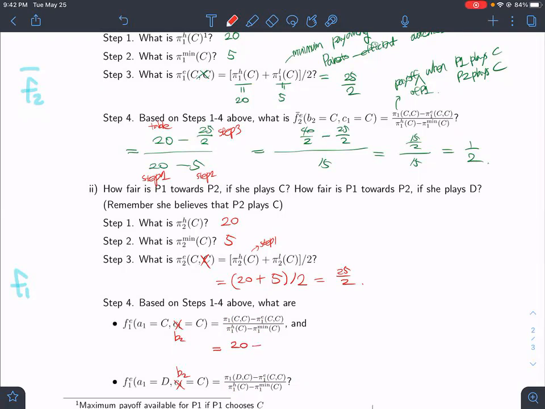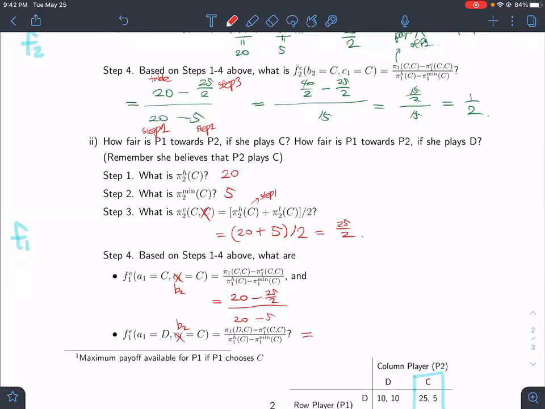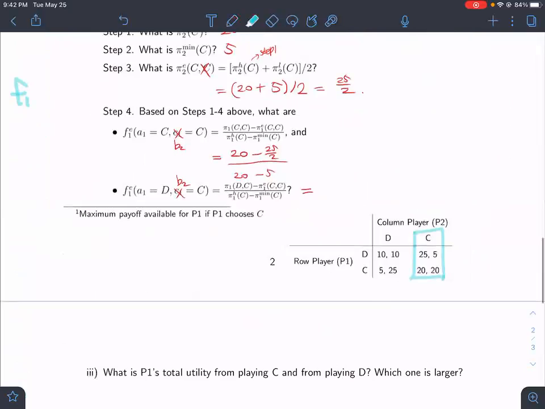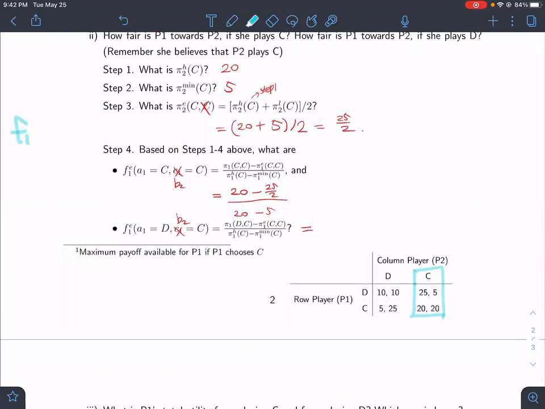If I move on, we are just using the values that we computed above. We have 25/2, and then 20, and the minimum payoff is 5. If player 1 chooses D and player 2 chooses C, then the payoff becomes different: it is 25.